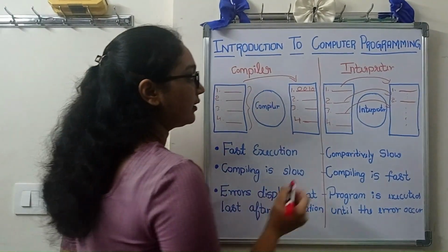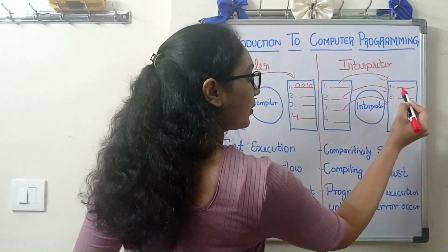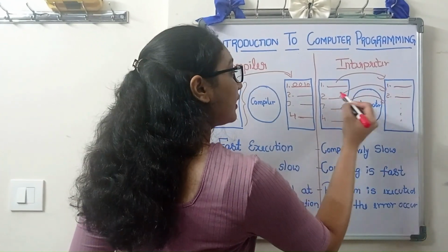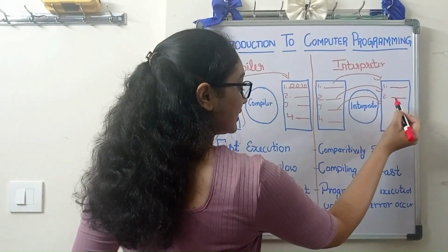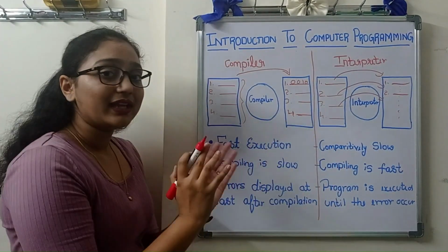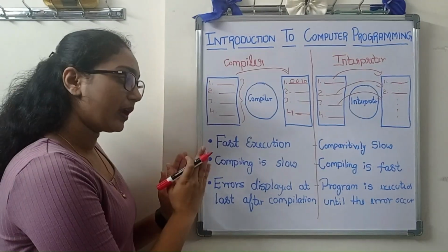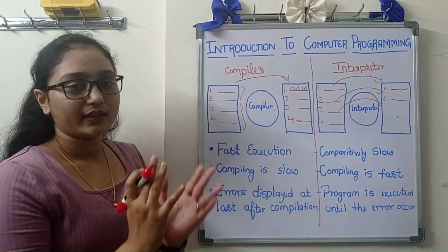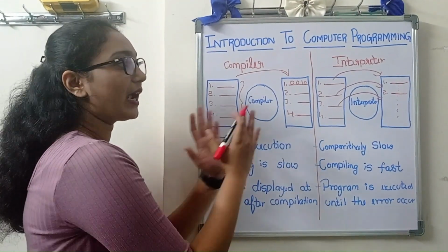You compile line 1, no error, the program is executed. Then you compile line 2, no error, the program is executed. Now you are compiling line 3, and if any error occurs, it will occur at this time. So the program is executed until the error occurs. This is the common difference between the compiler and the interpreter.